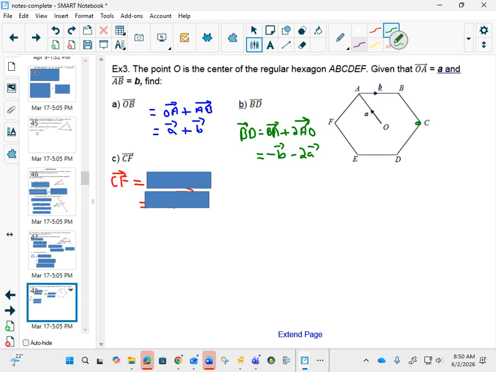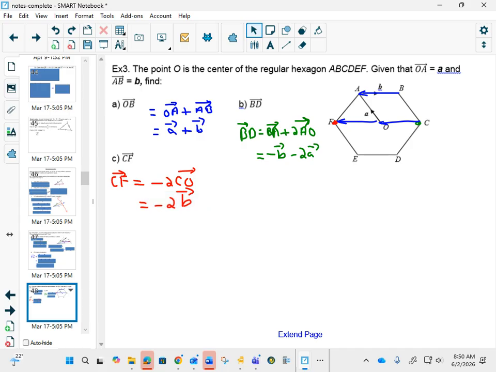Starting at C, ending at F. I would take and steal B to A once, twice. So C to F is negative 2 C to O's.